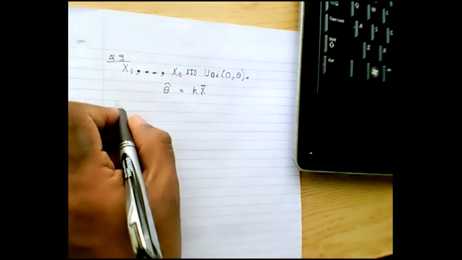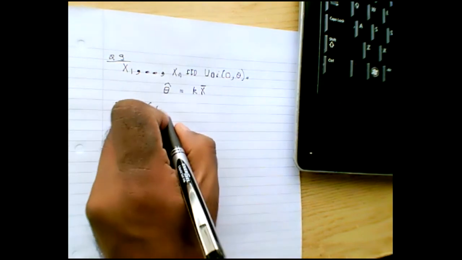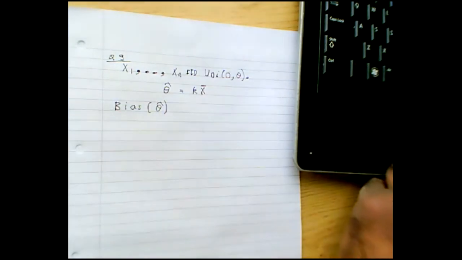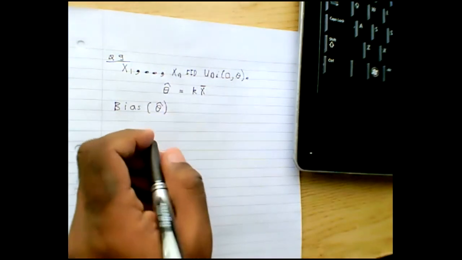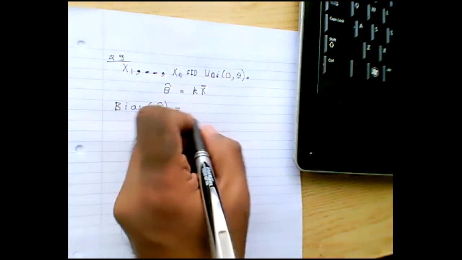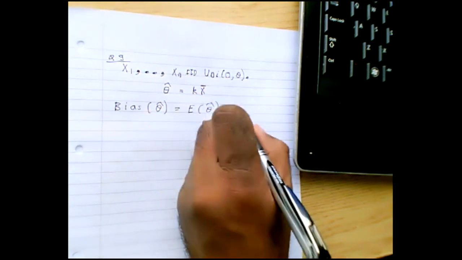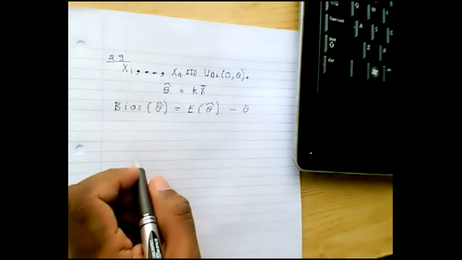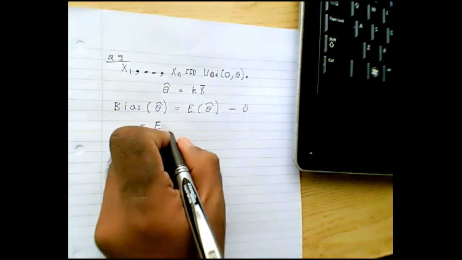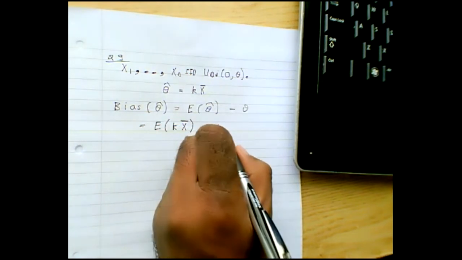So what you need to do, guys, is find the bias of theta hat and set it equal to 0, and then solve for k, right? Now you may recall that the bias is defined as usual. This is the expectation of k times x bar minus theta.